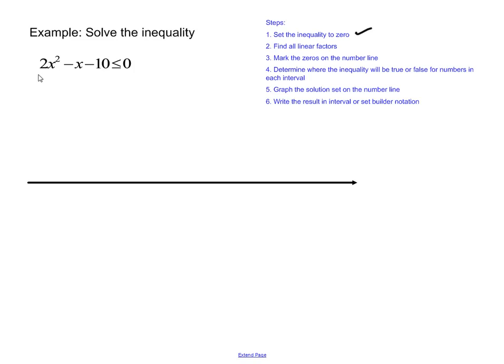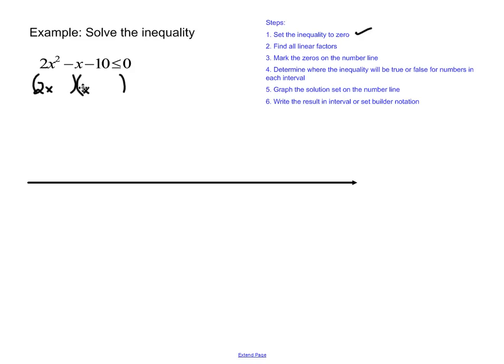Now, in this case, this is actually a pretty easy direct factorization. I'll just run through the numbers right here. Remember, by the FOIL method, we're going to have 2x and x as our first terms. And we ask, what factors do we have of negative 10 whose sum is going to give us negative 1x?